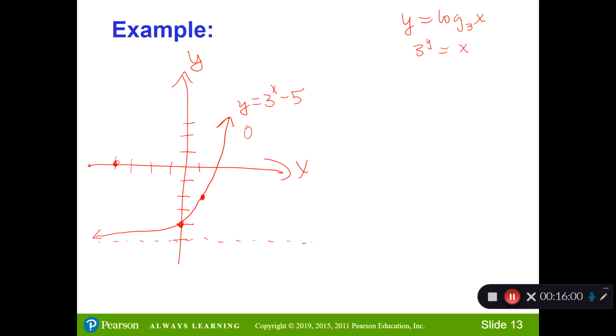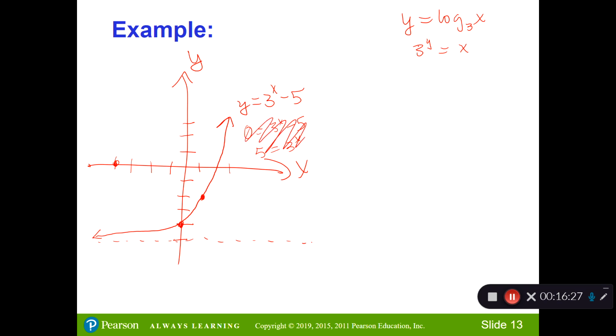So if I set the y to 0, I'm looking for the exponent that makes 3 a 5. That's going to be less than 2 because 3 squared is 9. So here's x equals 2 over here. Right? So that was just to find the x-intercept.